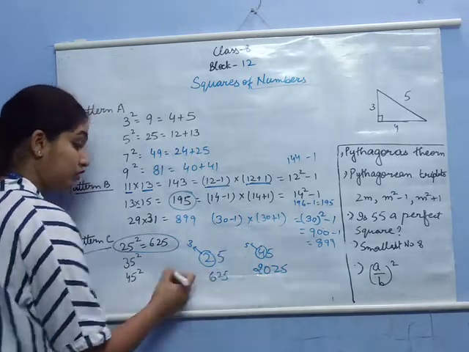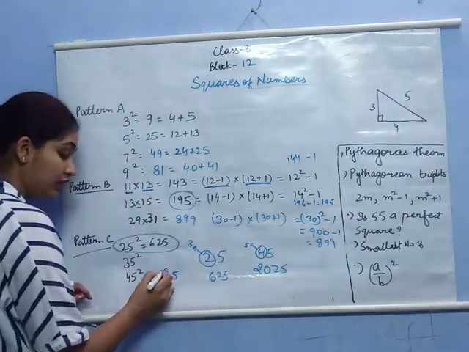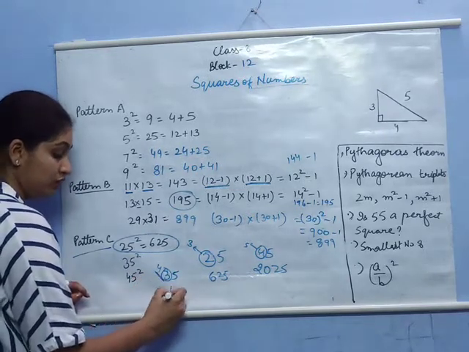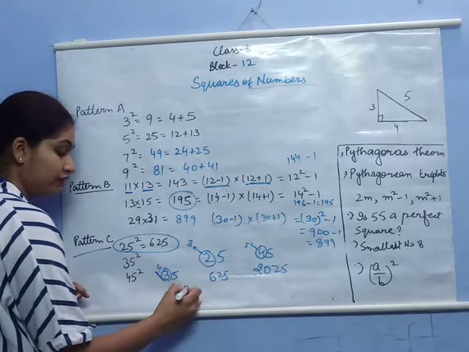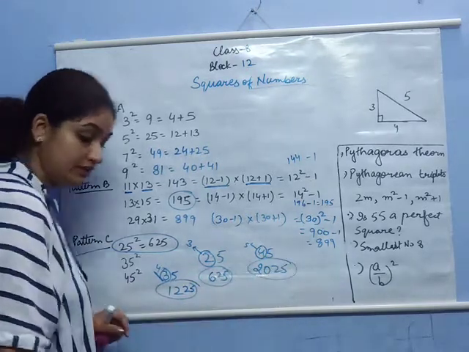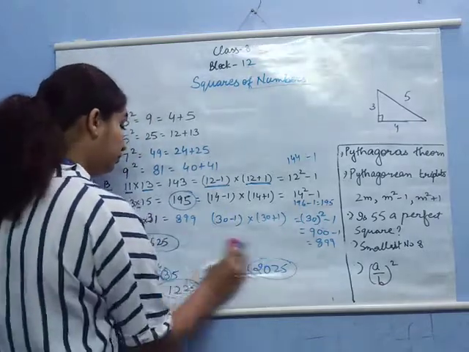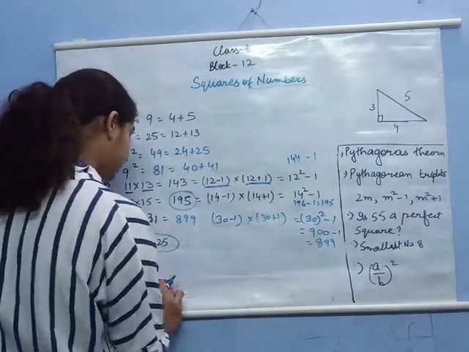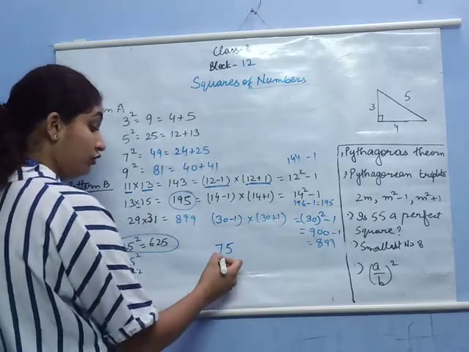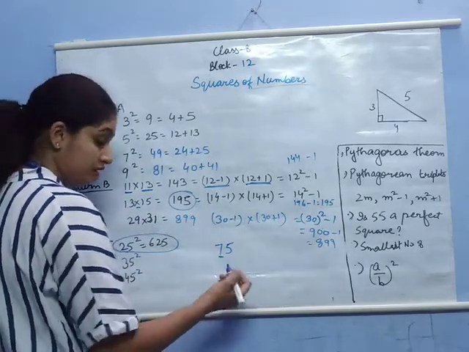If I talk about 35, after 3 the next number is 4. We'll multiply these two numbers. 4 threes are 12, and 5 square is 25. So these are the answers. Let's give one more example. Suppose 75. What will be the next number after 7? That will be 8.